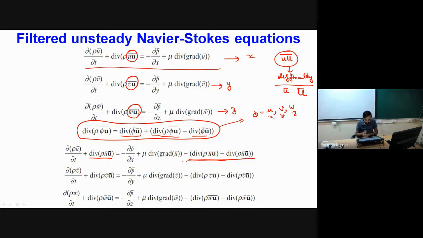So on the right hand side, you can see here we were having this term. I have taken it to the right hand side, and because I'm adding something over here, I have to subtract also, so that I have done over here. A similar operation is applied in the y and z momentum equations also.